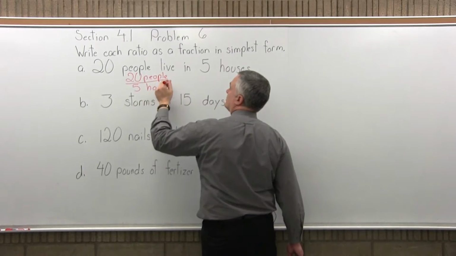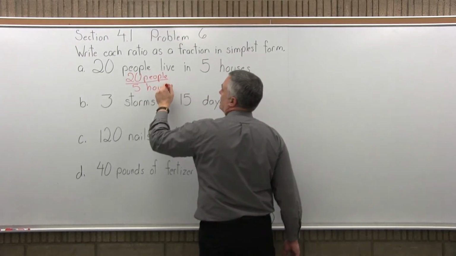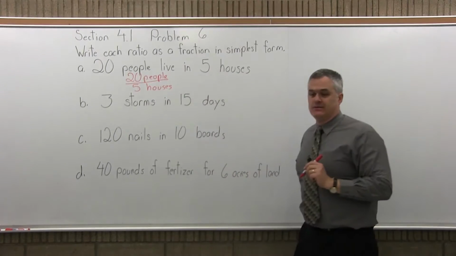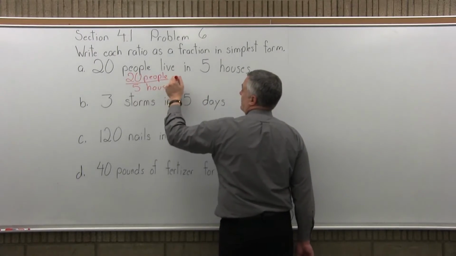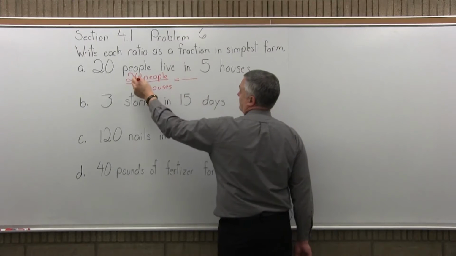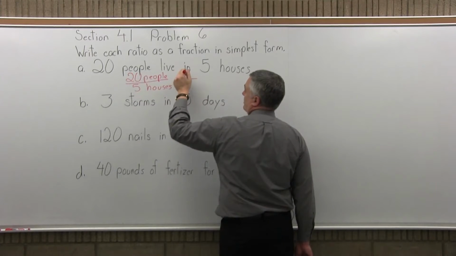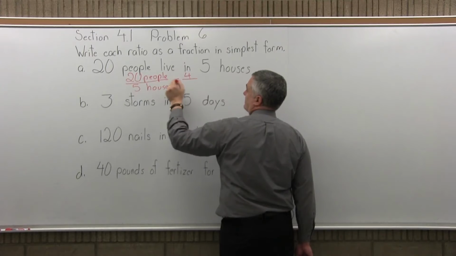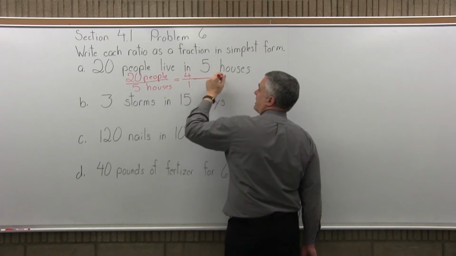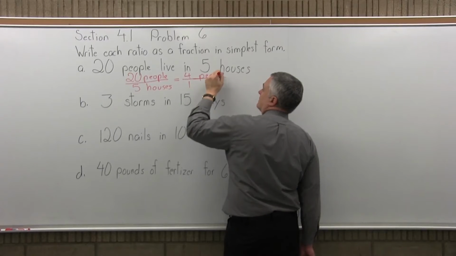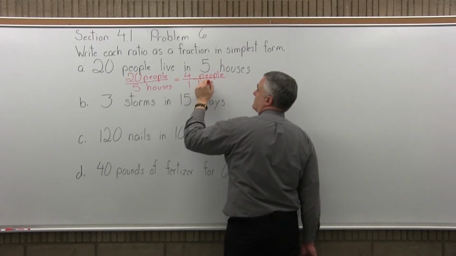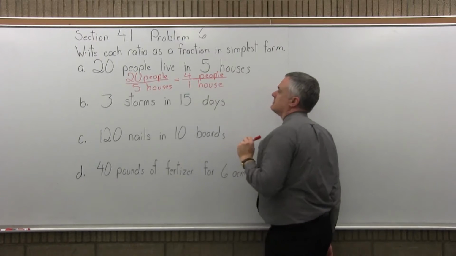Now, in this case, our units or labels don't cancel. The numbers can cancel, so the 20 and the 5 can both be divided by 5. So 5 goes into 20 4 times. 5 goes into 5 once. So we have 4 people for every 1 house. Or we could say 4 people per house.